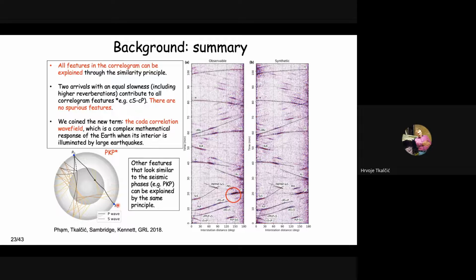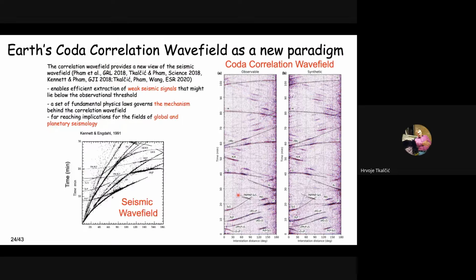So when you compute the travel time difference between the two, you're going to get something that is equivalent to PKP waves. So again, PCP, PKP minus PCP is going to be equal to PKP in terms of the travel times. So when you see something that looks like PKP in the regular direct wave field, it's actually not the PKP. It's there due to the similarity of all these other reverberating phases that give rise to the peak in the cross-correlation function.